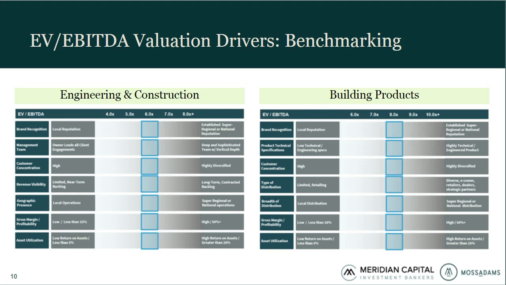The more certainty you can offer, the higher the valuation multiple. Geographic presence. Are you a one flag post location, or do you operate out of a super regional or national operations? Gross margin and asset utilization. Financial metrics do matter. They're kind of the output of everything up above that I had just mentioned, but they do matter.